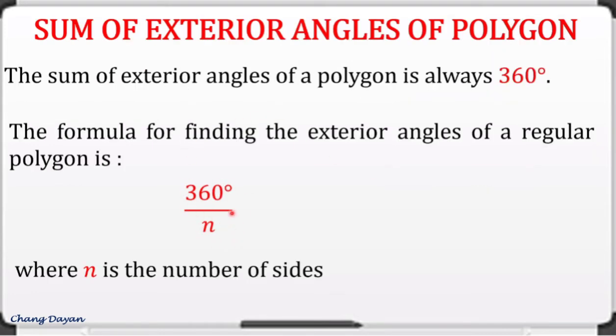So, this is the formula for finding the sum of exterior angles of a polygon. So, 360 degrees all over n. So, n here is the number of sides. So, why 360? Because the sum of exterior angles of a polygon is always 360.